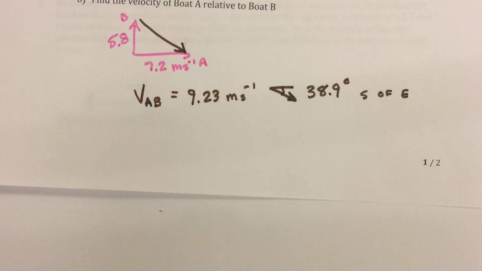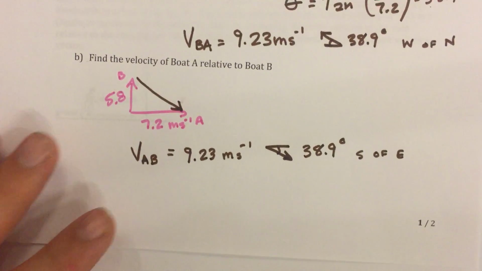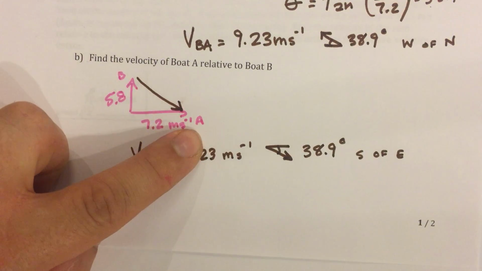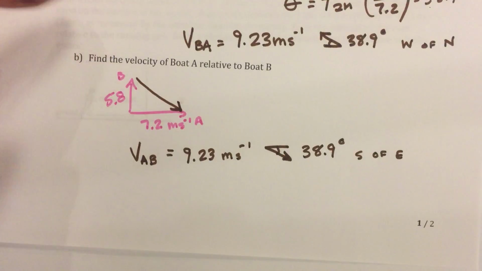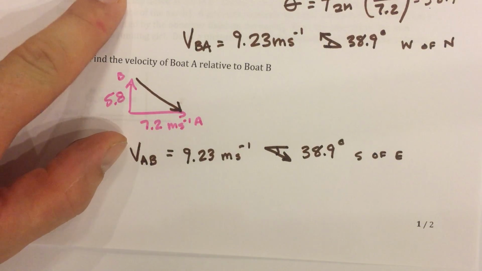Excellent. You know, this problem somewhat makes sense because when you're in boat B and you're looking at boat A, from the point of view of boat B, boat A looks like it's moving this direction based on boat A's velocity.